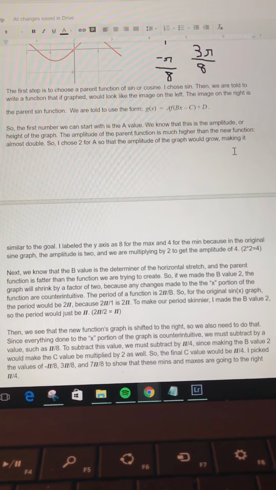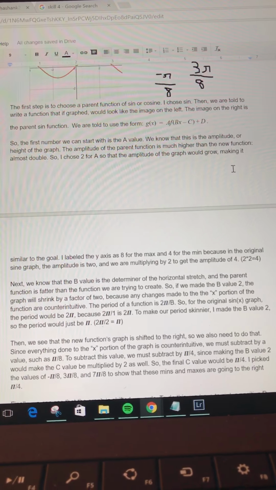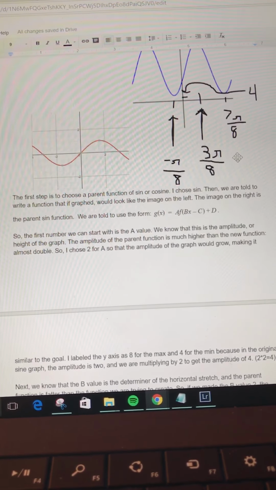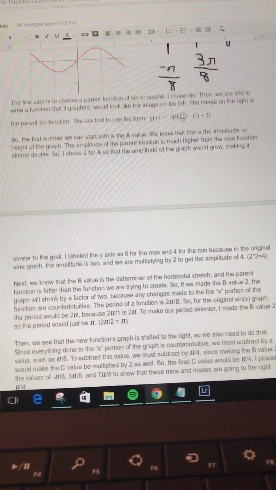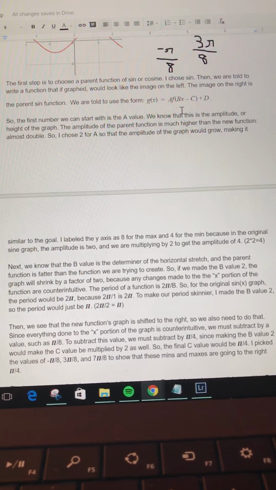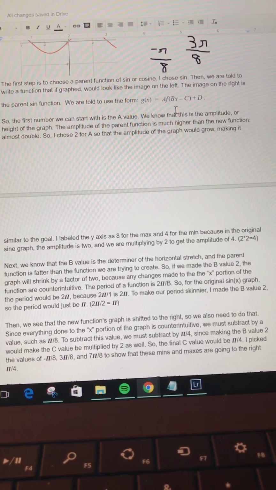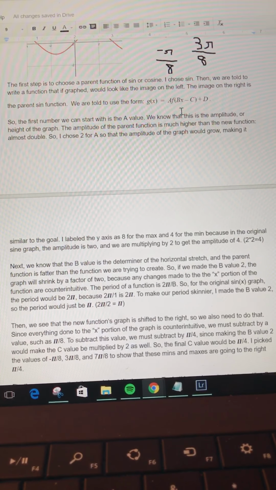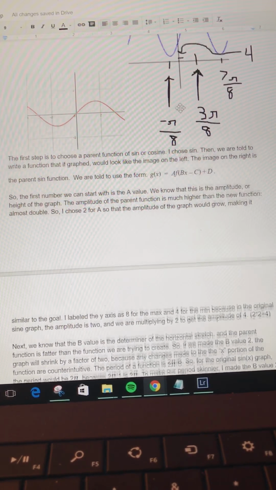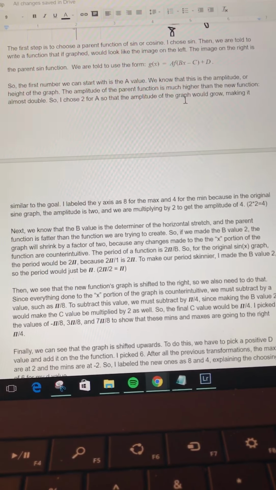And then we know that the function shifted to the right a little bit because this does not intersect like this. So I made the c value move it over pi/4 because it looks similar to what it might have changed.